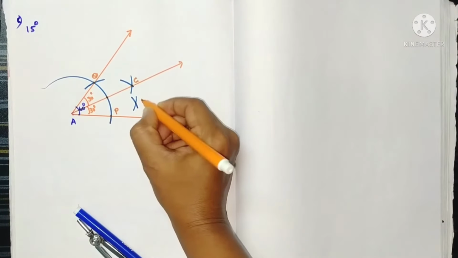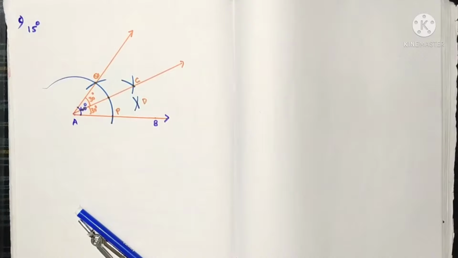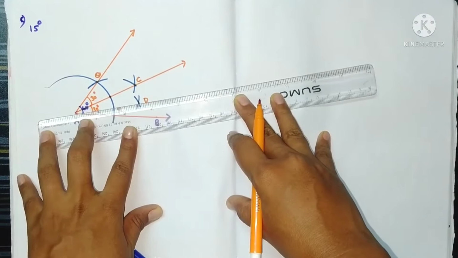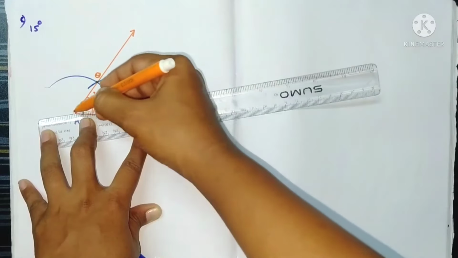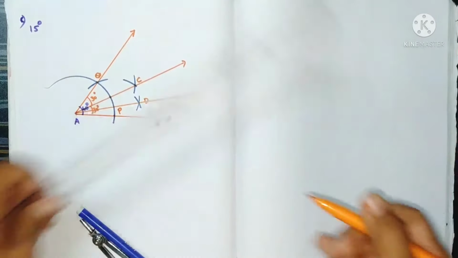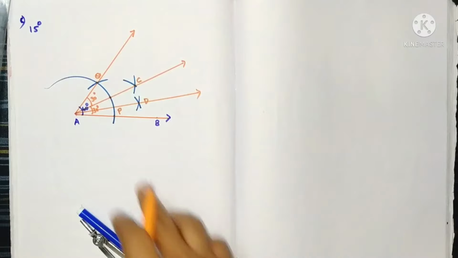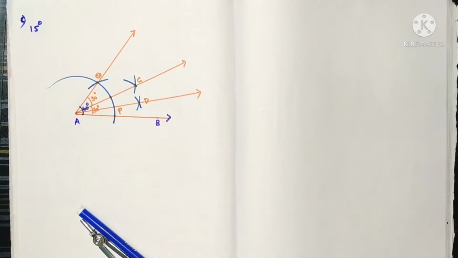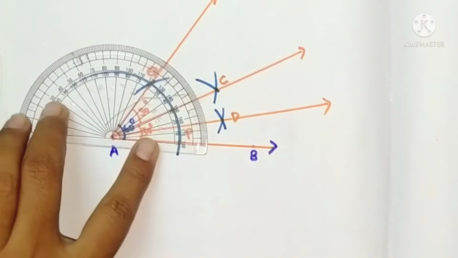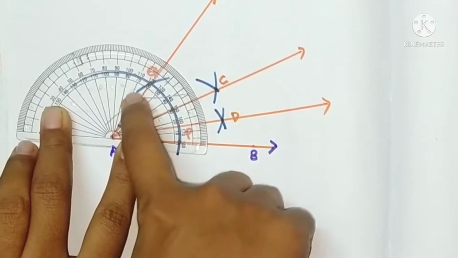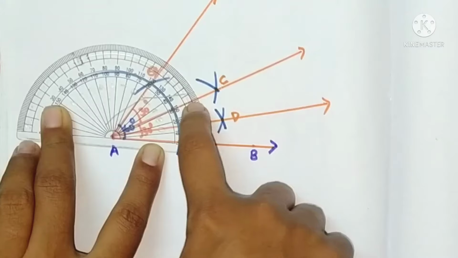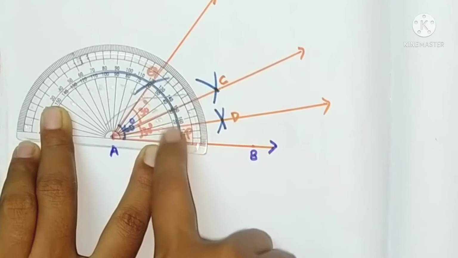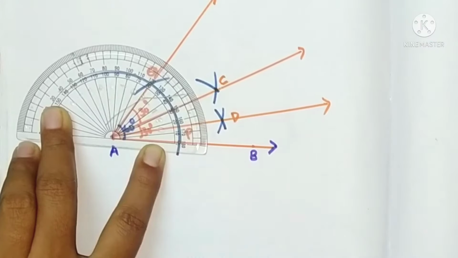Let it be D. Now draw a ray through A and D. So now this angle DAB is 15 degrees. If you check with a protractor, this is 60, this is 30, and this is between 10 and 20, fifth line, that is 15.